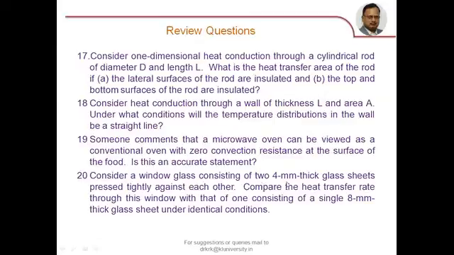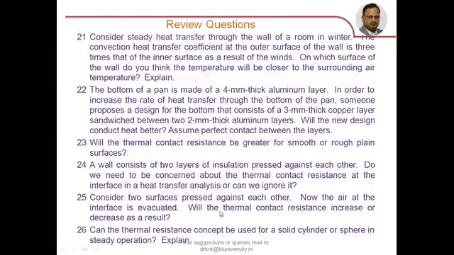Consider a window glass consisting of two 4 mm thick glass sheets pressed tightly against each other. If we replace these two 4 mm thick glass sheets with a single 8 mm glass sheet, what will happen to the rate of heat transfer?